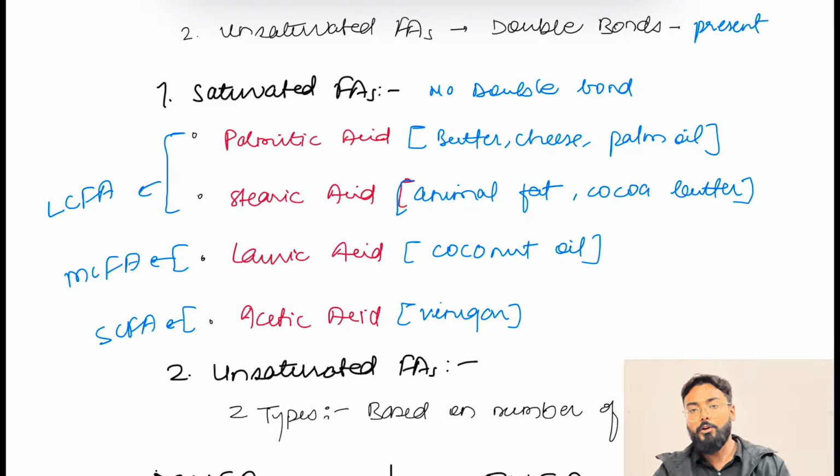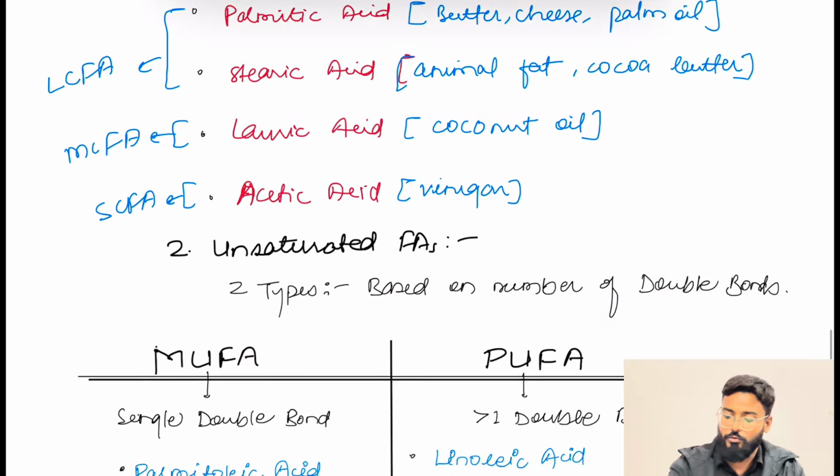Based on the number of carbon atoms, we can also classify these into short chain, medium chain, long chain, and very long chain. This is not really that important, and no one is going to ask you. But for the sake of knowledge, palmitic and stearic are long chain fatty acids, lauric is your medium chain fatty acid, and acetic acid is your short chain fatty acid. And the sources I already told you.